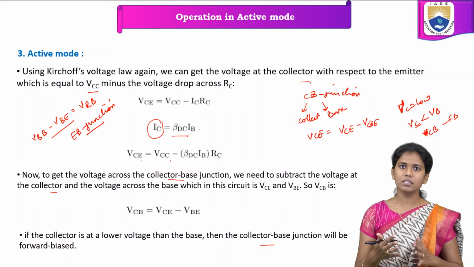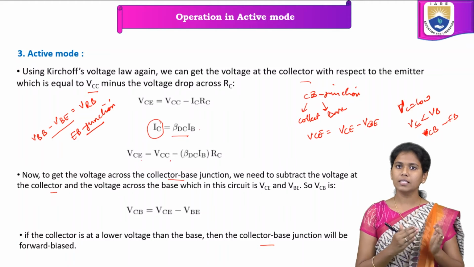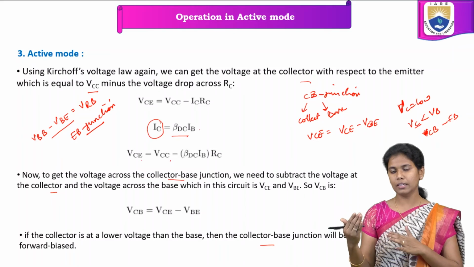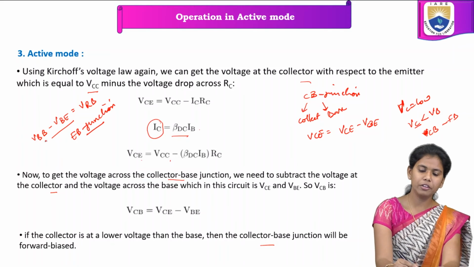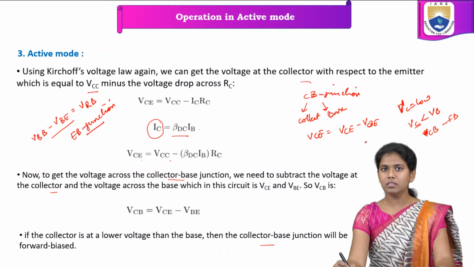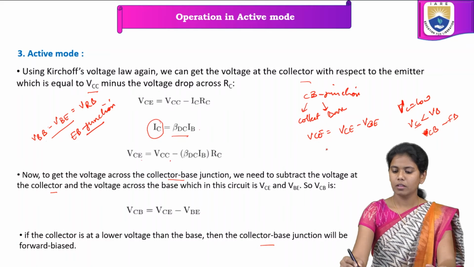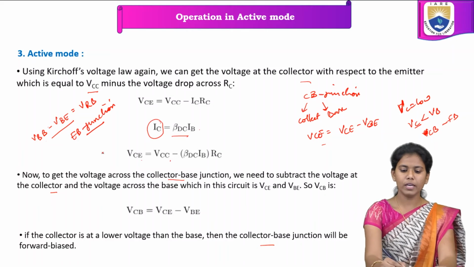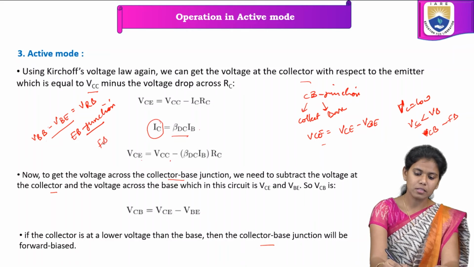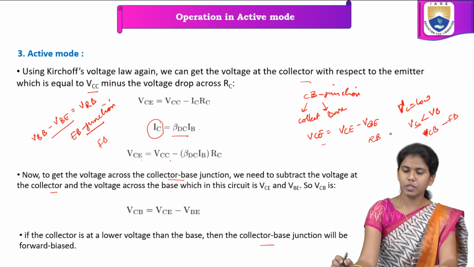The difference between VBB and VBE is VRB, and the voltage VCE minus VBE is the VCB. So one is forward biased and the other is reverse biased.